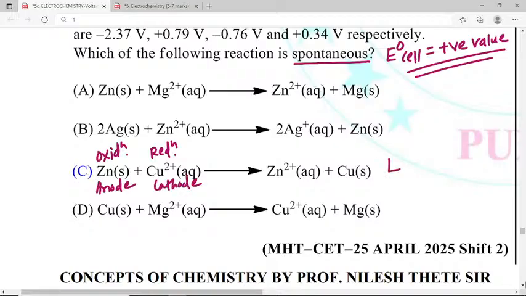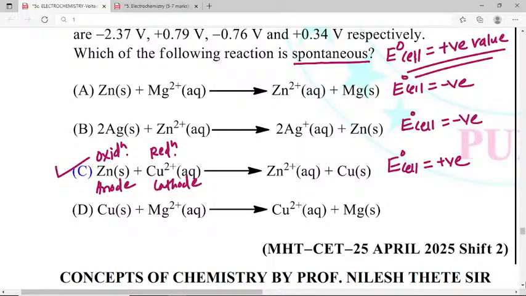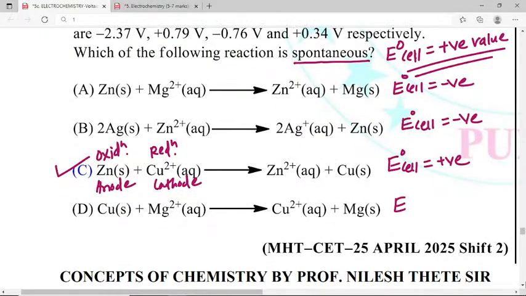Then E naught cell should be positive. Here E naught cell negative. That's E naught cell negative. E naught cell negative.